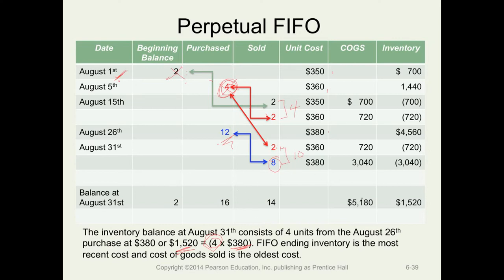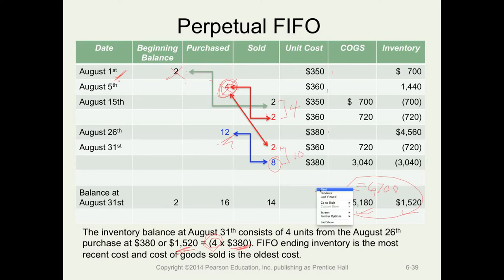And again, your allocation, if you remember, is going to equal the total of 6,700. 5,180 is cost of goods sold. 1,520 is going to be the value of your ending inventory. It has to equal the full 6,700. So you have 6,700, you've got 5,180 sold, and ending inventory is 1,520.